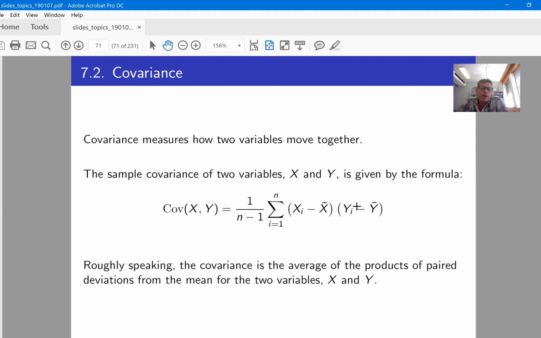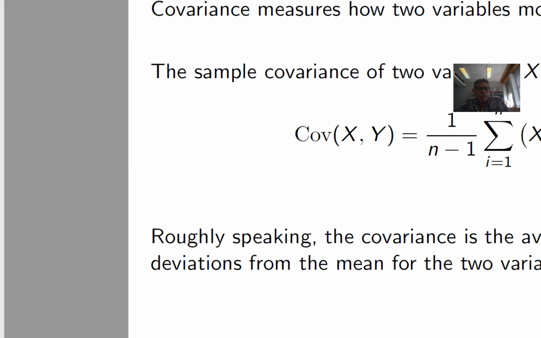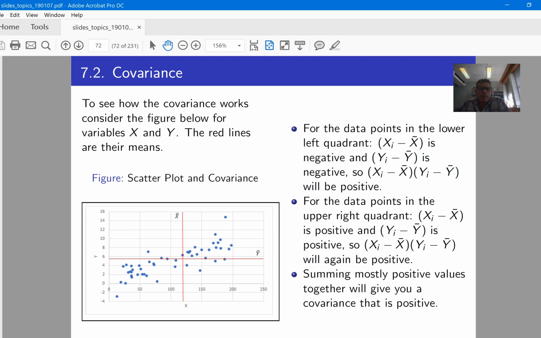And what we're basically doing is taking the deviations of the x's from the mean, the deviations of y from the mean, and then we are multiplying them together and averaging those. So we add up and divide by n-1. And so that's, as it says in this little spiel down here, the average of the products of the deviations from the mean for x and y. And that gives us a pretty good idea about the way things work together.